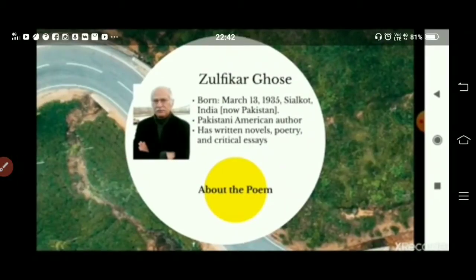He was born in Sialkot, India, but that is a part of Pakistan now. He is a Pakistani American author, and he has written lots of novels, poetry and critical essays. This was a very famous poem by him, Geography Lesson. So let's start now.